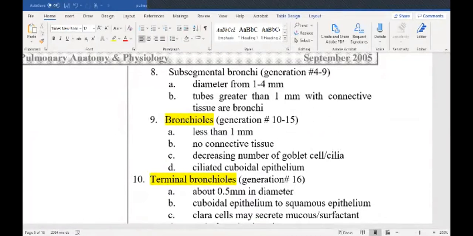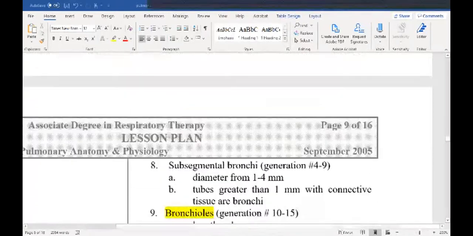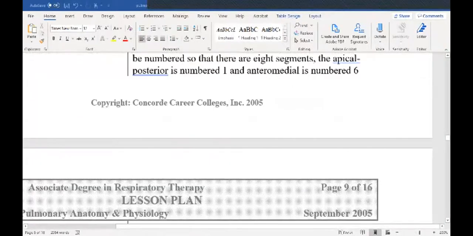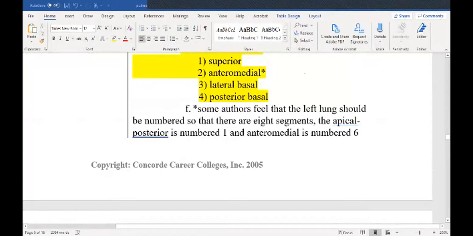The diameter is 1 to 4 millimeters. What's the diameter of the trachea? The size of the hole of the trachea is what? 1 inch. The diameter of the trachea is 1 inch.